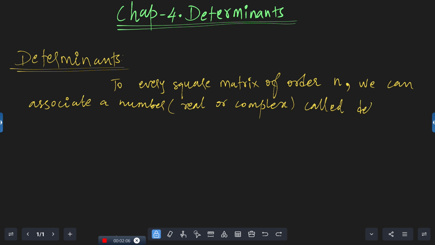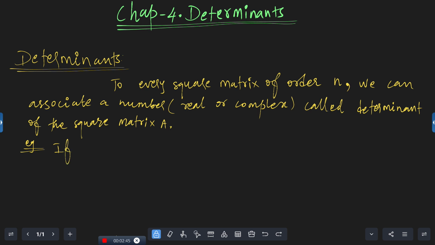It's called the determinant of the square matrix A. I'll give an example.